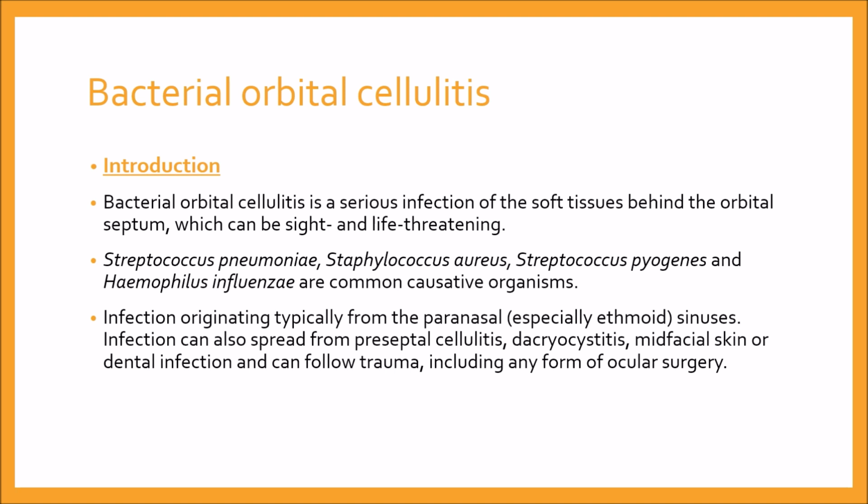Streptococcus pneumoniae, Staphylococcus aureus, Streptococcus pyogenes, and Haemophilus influenzae are common causative organisms, with infection originating typically from the paranasal, especially ethmoidal sinuses. Infection can also spread from pre-septal cellulitis, dacrocystitis, midfacial skin or dental infection, and can follow trauma, including any form of ocular surgery. Blood-borne spread from infection elsewhere in the body may occur.